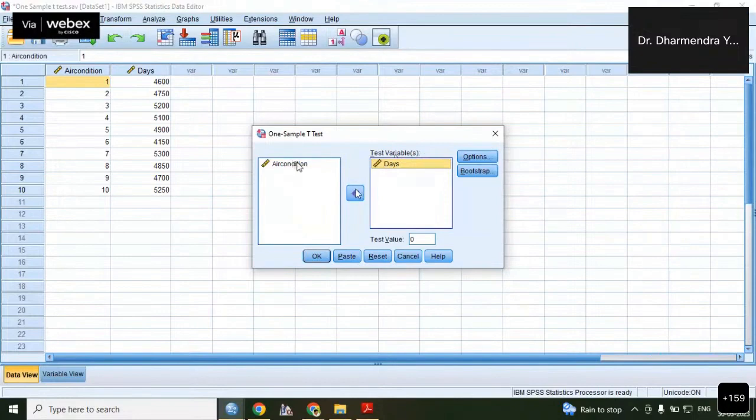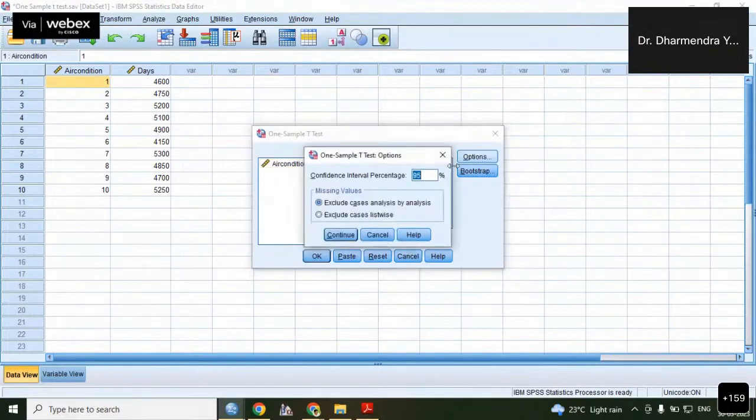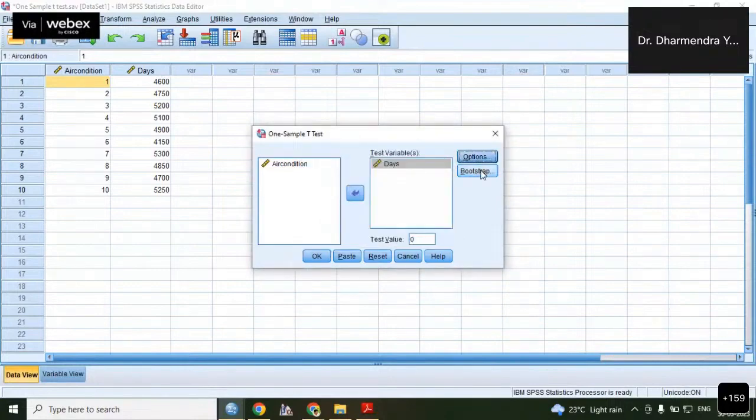Then Options, the 95% confidence interval is already given. Then test value. Test value is the mean value, and it is already given as 5,000 days.